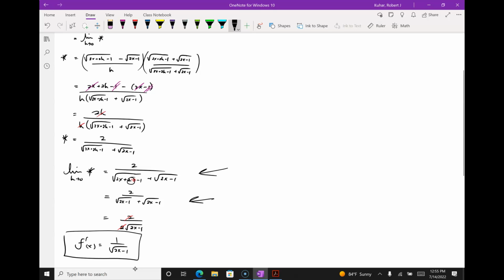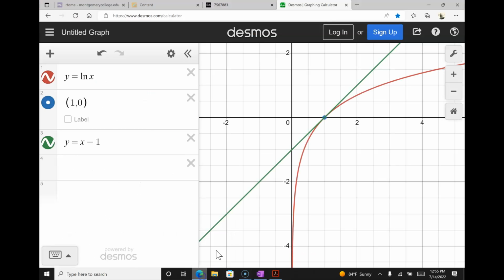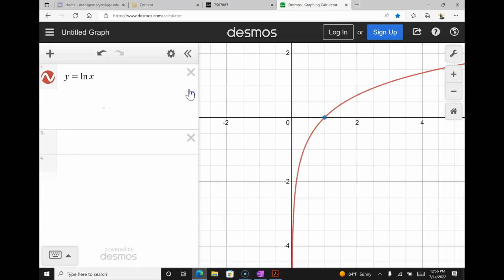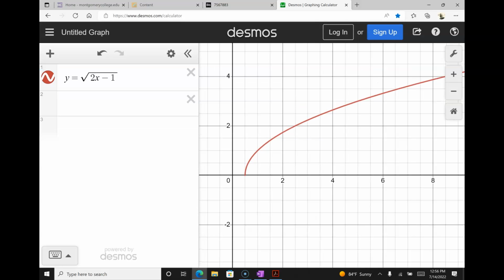Yeah. Okay. Nice. So let's look at this one on Desmos. So we've got my original function of the square root of 2x minus 1. You see any interesting points that you would like to find a tangent line at?